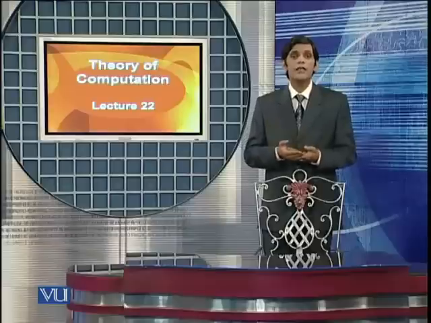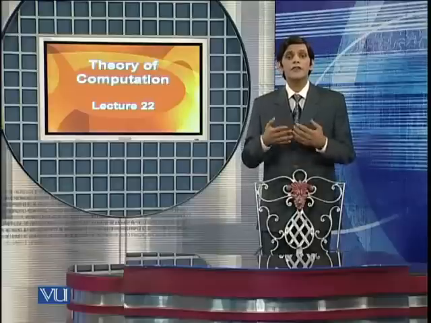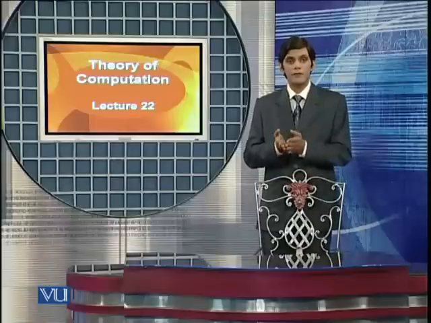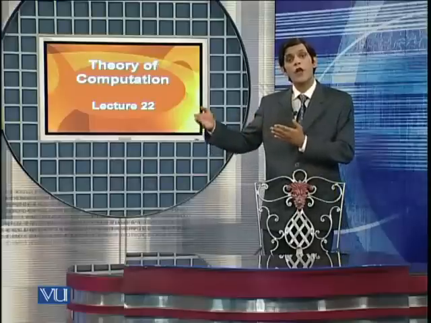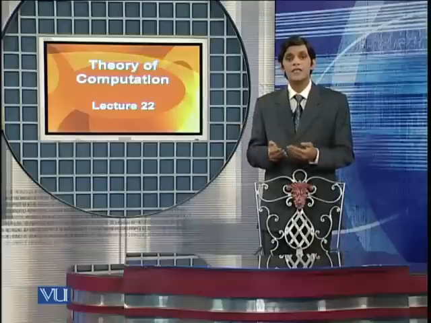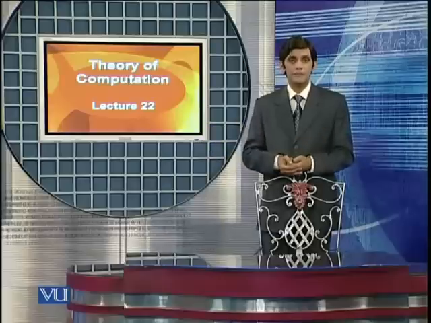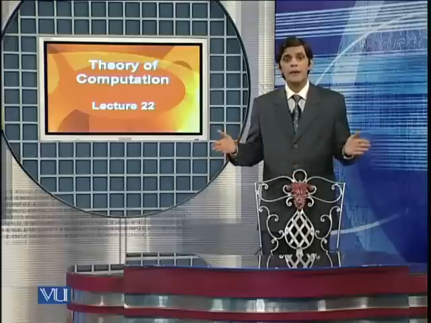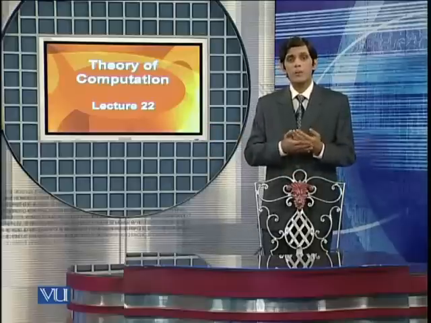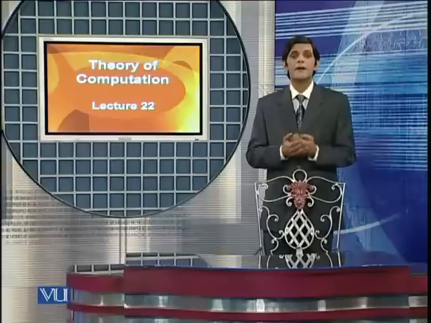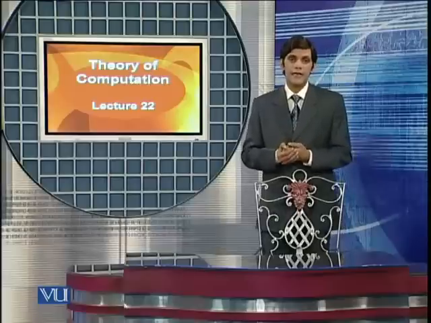So the total number of nodes in this tree is given by the geometric series 1 plus B plus B squared plus B cubed, and so on, all the way up to B to the t of n, which is the last level in this tree. If we sum up this geometric series, I hope all of you know how to sum up a geometric series, you will realize that this comes out to be less than or equal to 2 times B to the t of n.